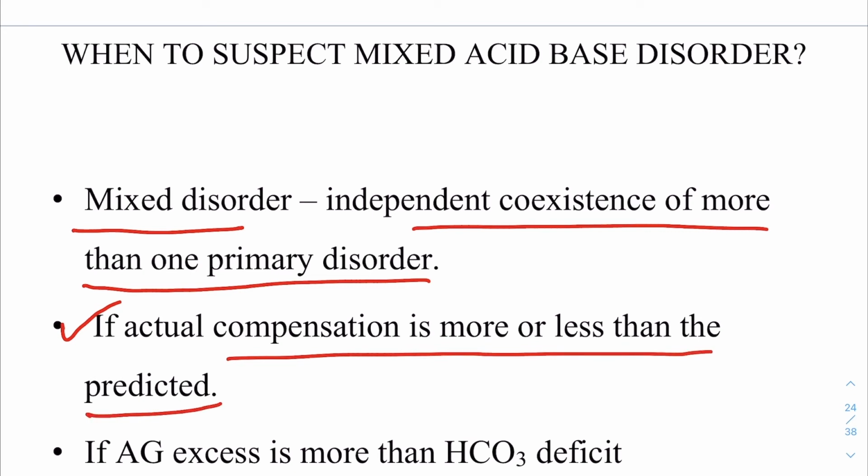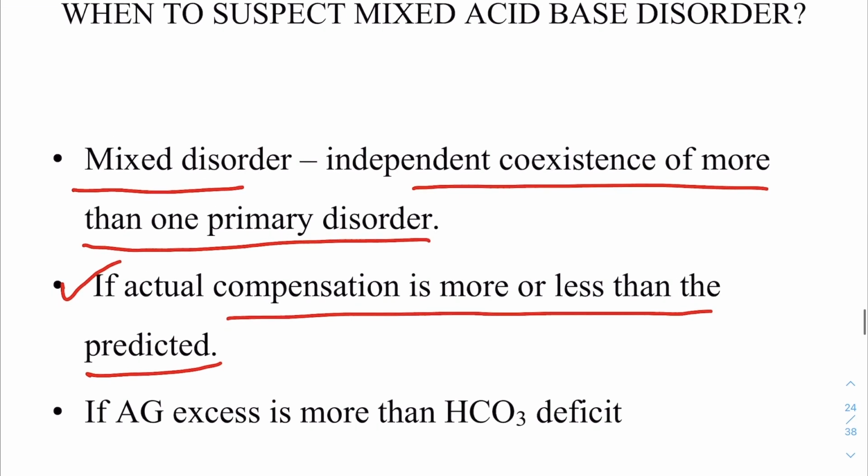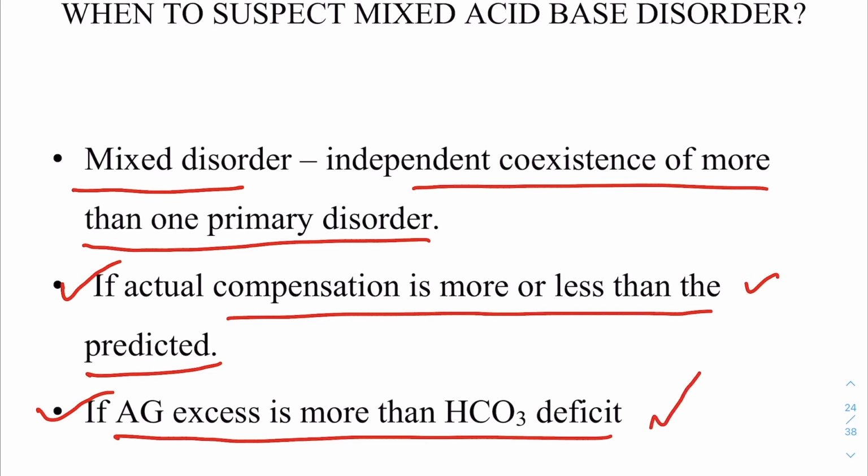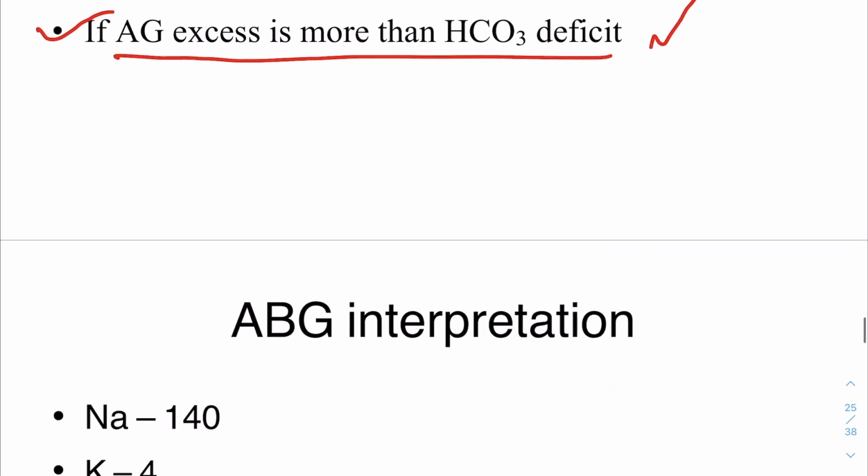That means we need to calculate the compensation. If the compensation is more or less, or if there is no compensation, then we can think of a mixed disorder. And if the anion gap excess is more than the bicarbonate deficit, then also we can think of a mixed acid-base disorder. So these are the hints by which we can think of mixed acid-base disorder.